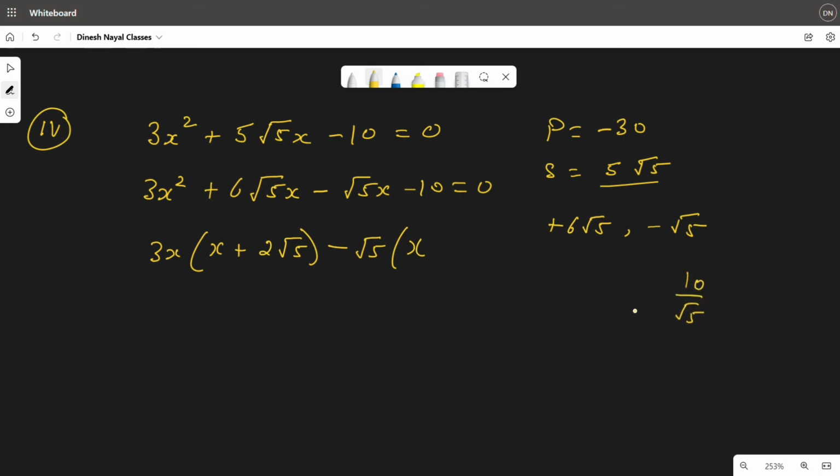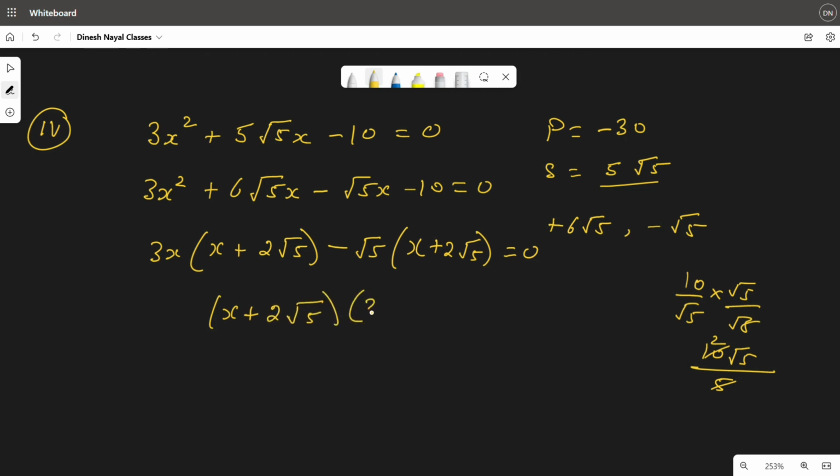Now rationalizing it by root 5, that will be 10 root 5 by 5. So this goes 2 times, so this is 2 root 5. So x plus 2 root 5 equals 0. Now take common x plus 2 root 5, bracket 3x minus root 5 equals 0.